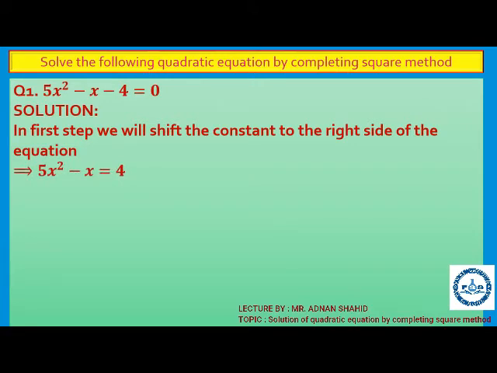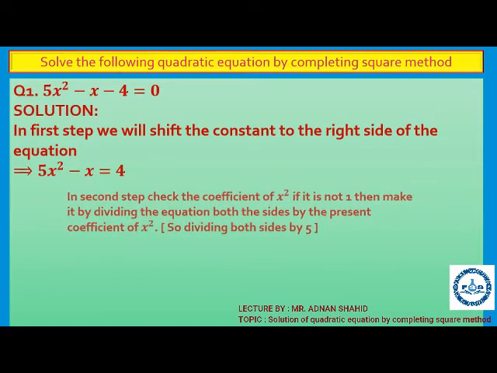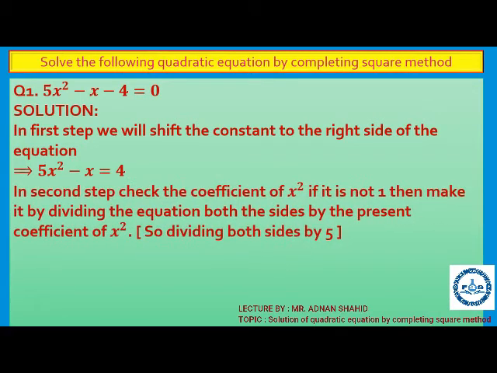While solving quadratic equation by completing square method, the second step is you have to look at the coefficient of x square. If the coefficient of the square term is not 1, then make it 1. So how could we make it 1? Simply by dividing the equation both sides by the coefficient of x square.